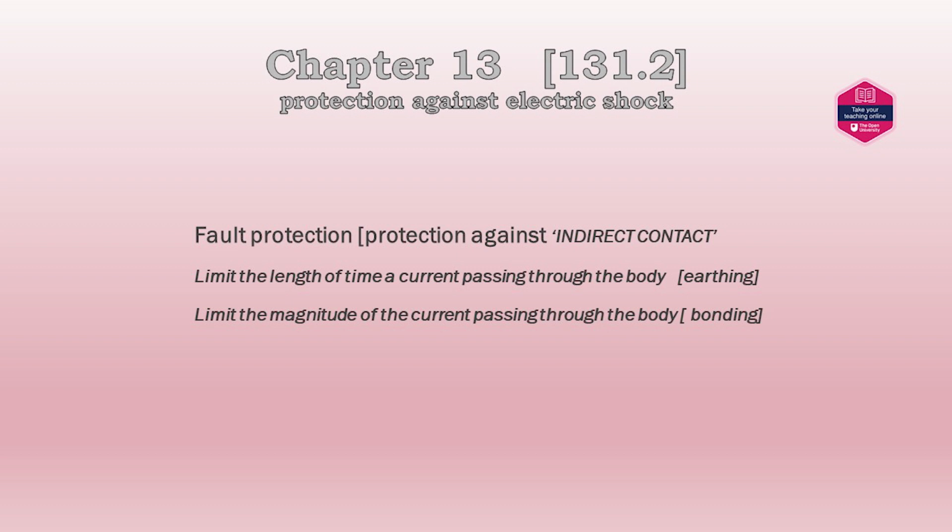For fault protection, broadly speaking, it then describes that we need to limit A. the length of time a current passes through a body, achieved by earthing, and B. the magnitude of a current passing through the body, achieved by bonding.